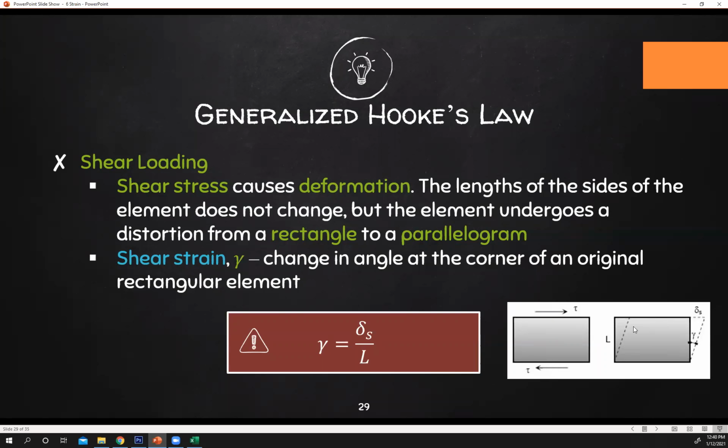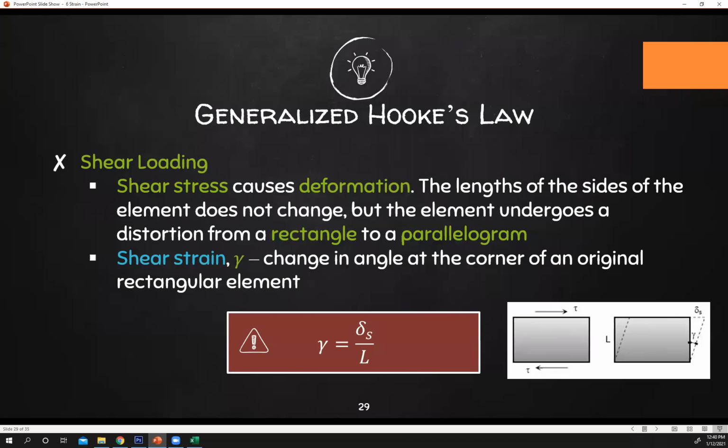So look at this figure. If you have this original shape, you have your shear stress tau, and it's going to deform this way. And the change in position of a corner of your rectangle is your deformation due to shear, or your shear deformation, denoted by delta S. And then remember, one of the first slides, our equation was normal strain equals deformation over original length.